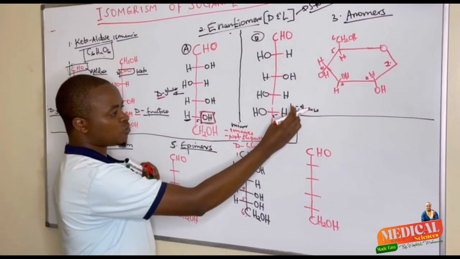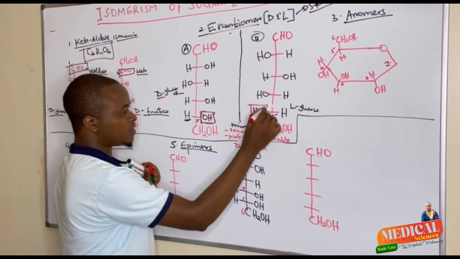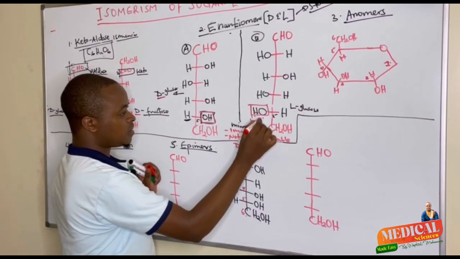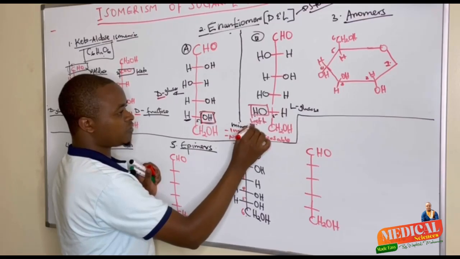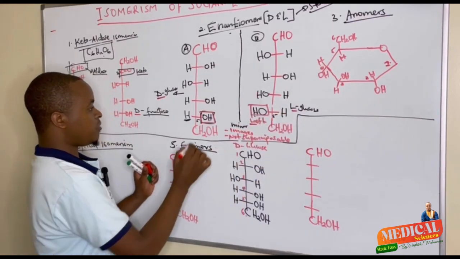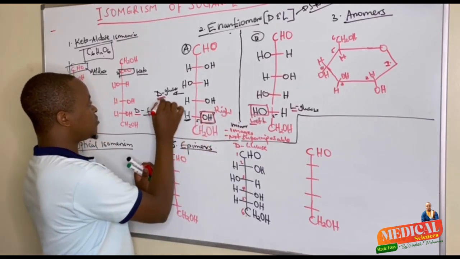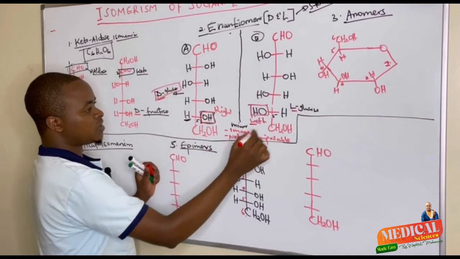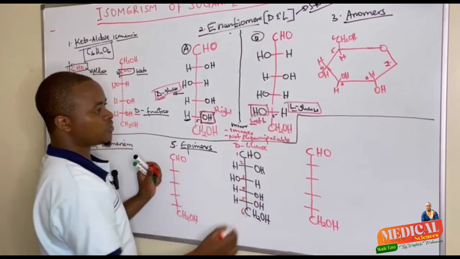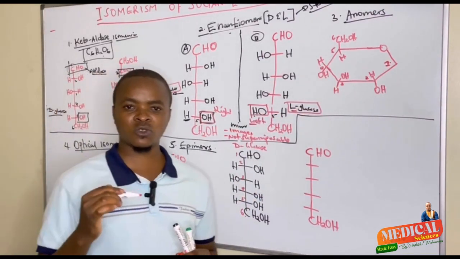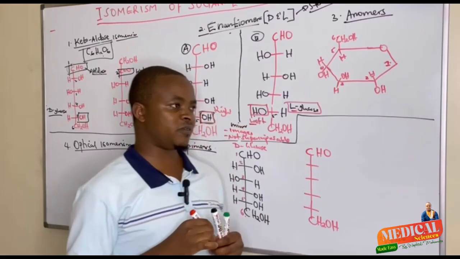Whereas when the hydroxyl group at carbon number 5 is on the left, that one becomes L. Left starts with L. And when it is on the right, it becomes D-glucose, due to the position of the hydroxyl group at carbon number 5.